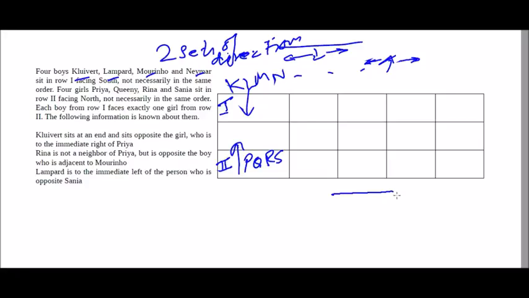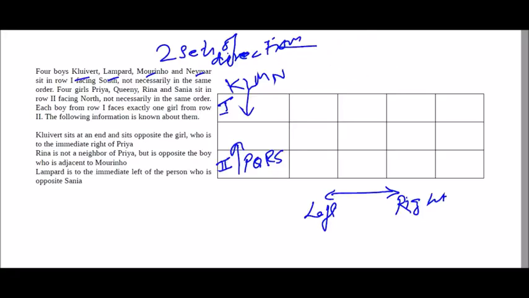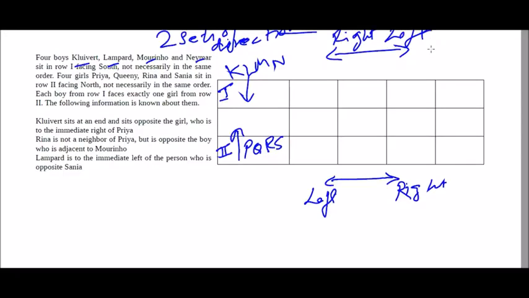So let's assume this direction is right, this is left, and for these people I'll assume this direction as left and this direction as right. Okay, let's go to the information which is there.